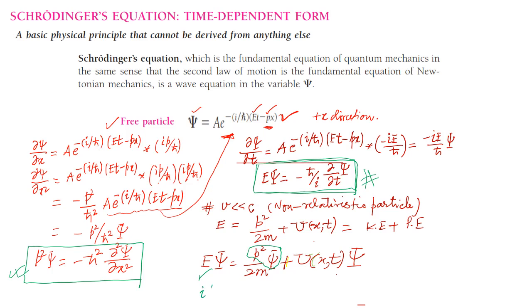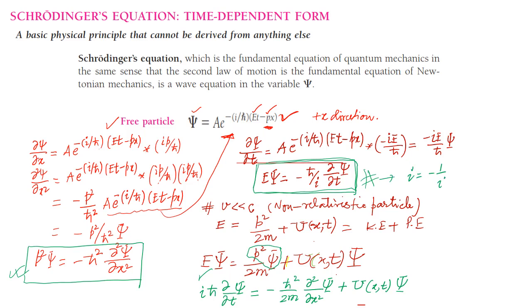i h cross del by del t of psi is equal to minus h cross square by twice m del square by del x square of psi plus U x t psi. This is if I take i equal to minus 1 by i.